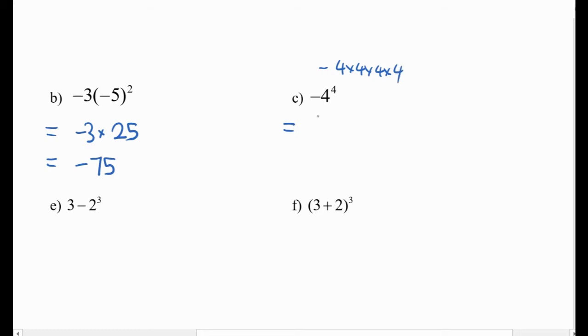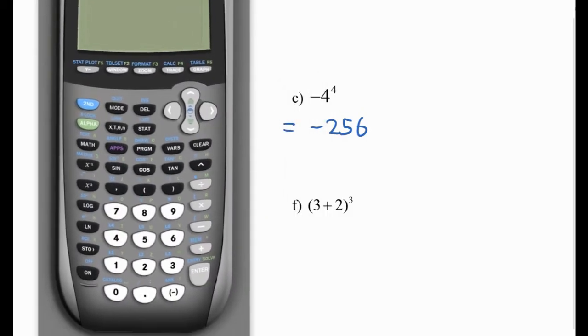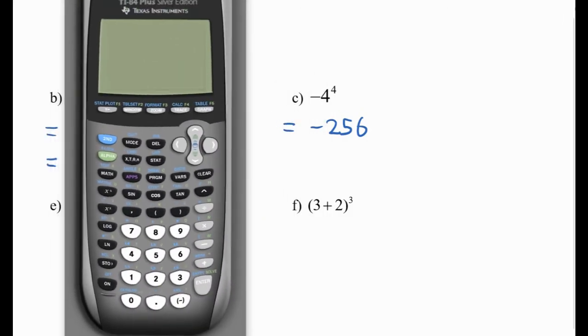So that is negative 256. Because you do not repeat the negative sign, you can just write the negative sign as it is. Or you can just use a calculator if you cannot do mental math. So you do 4 to the power of 4. That is 256. And put the negative sign in front of it because you have negative here. Okay?